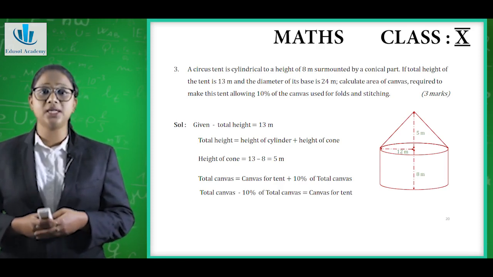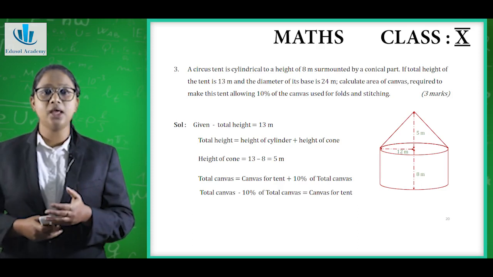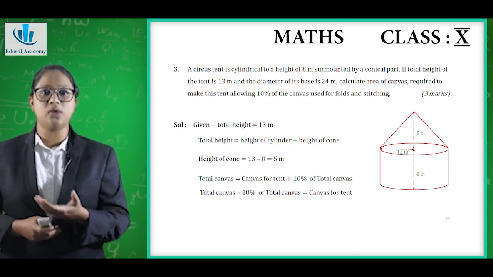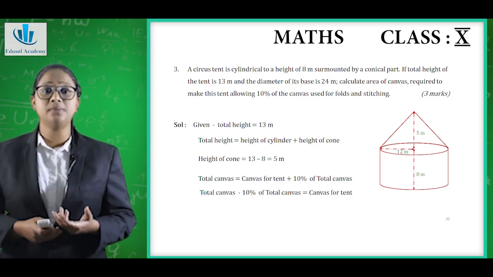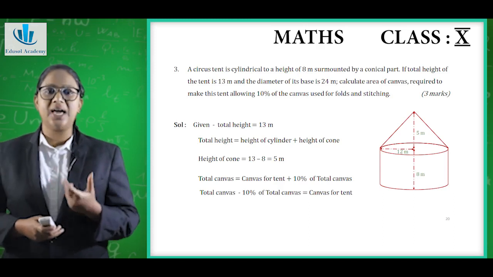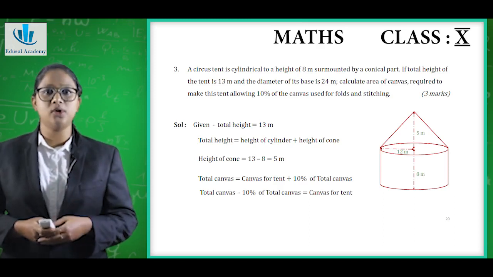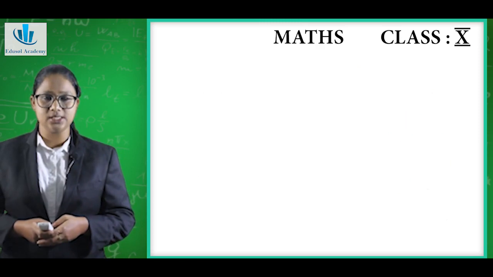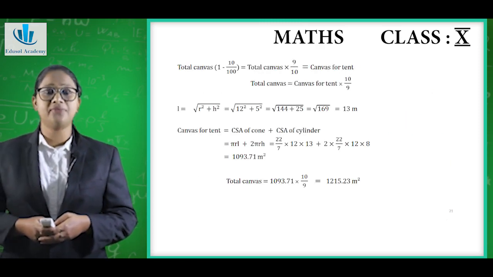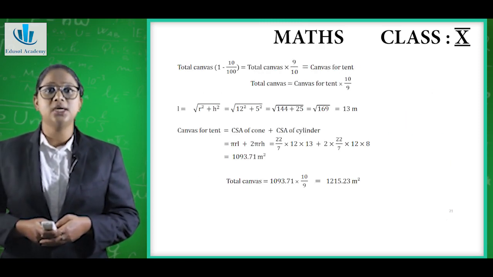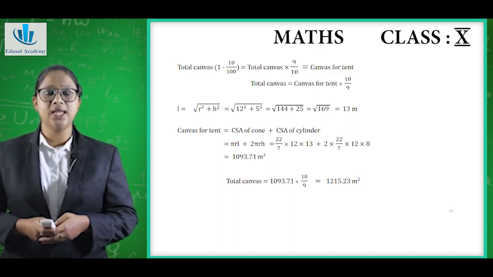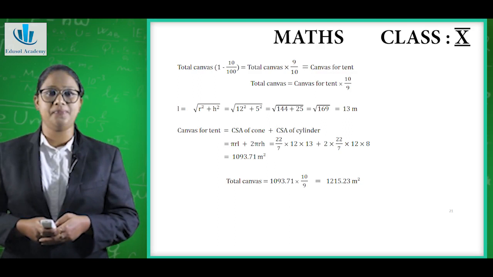So we have to rearrange the equation by bringing the 10% of total canvas to the other side. So that becomes total canvas minus 10% of total canvas is equal to canvas for tent, or simplifying we will get the equation as total canvas is equal to canvas for tent into 10 by 9.